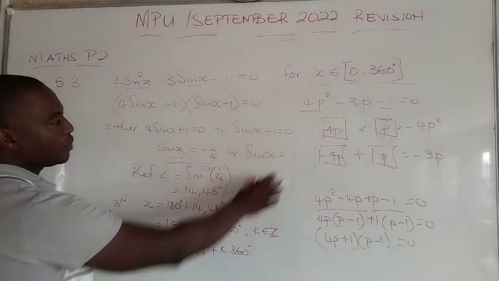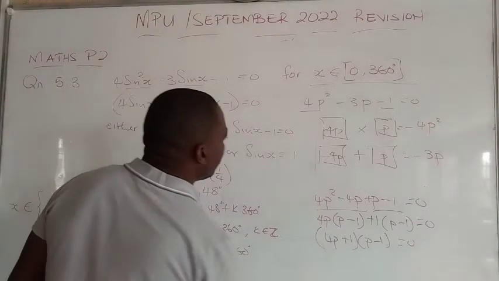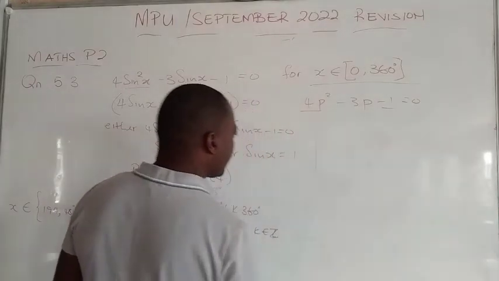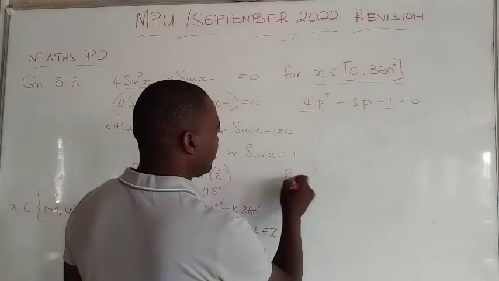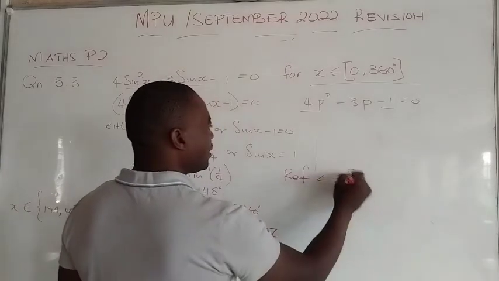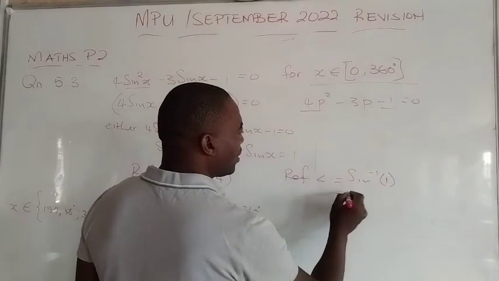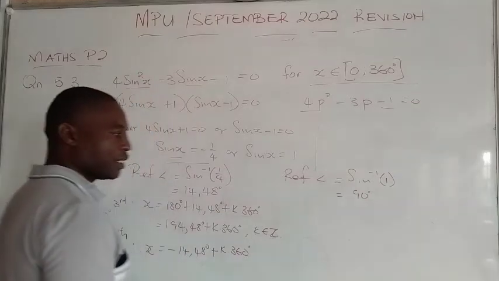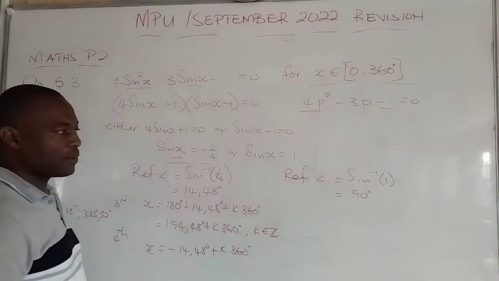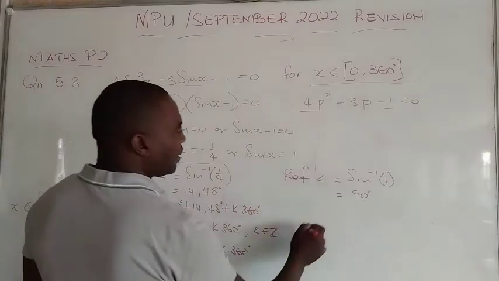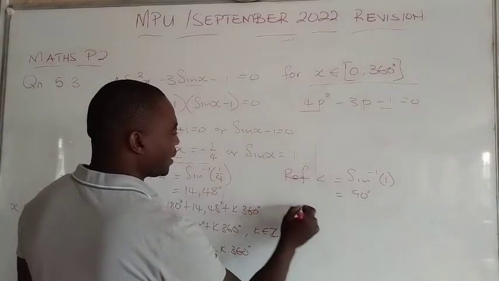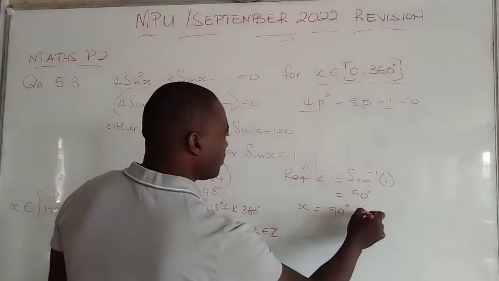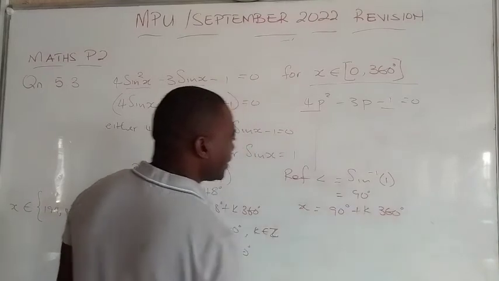And then let's come to the other one. Sine x is equal to 1. Our reference angle will be sine inverse of 1, which will give us 90 degrees. And this is positive, that means we are in the first and the second quadrant. So we are saying our x is equal to 90 degrees plus k by 360 degrees.